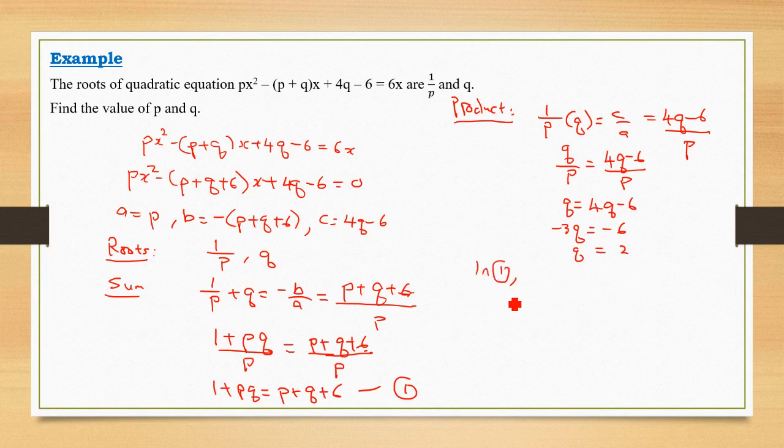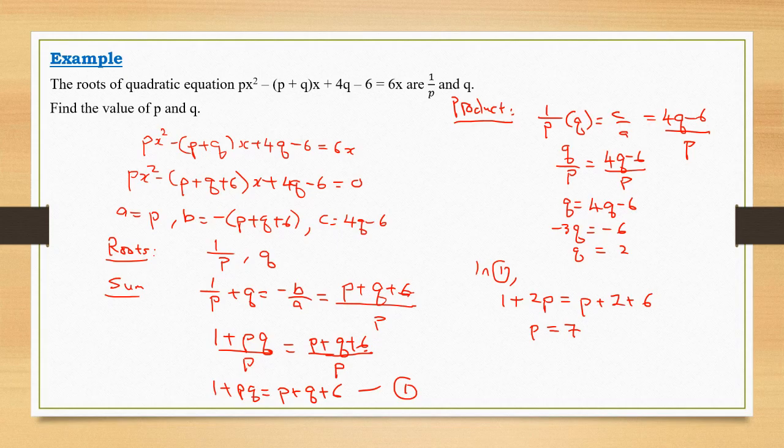So what we have? 1 plus, remember your Q is 2, so you get 2P equals to P plus 2 plus 6. Bringing all your P's together, all your constants together, P equals 8 minus 1, so 7. So you have found your answer, that is Q is 2 and P is 7.